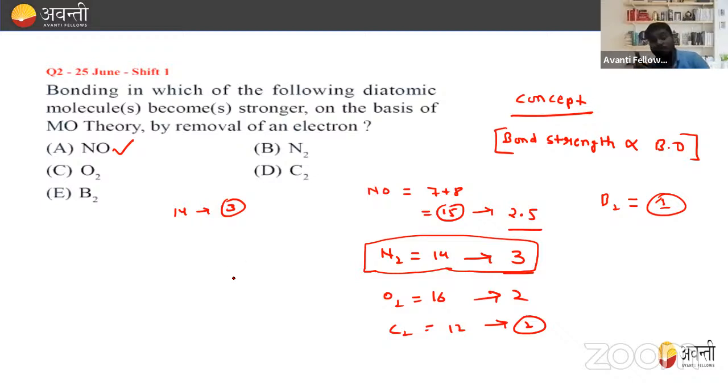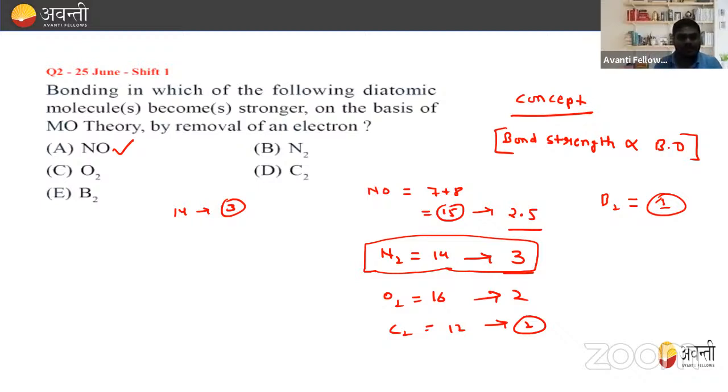As the number of electrons in the bonding orbital increases, stability increases, and if the number in the anti-bonding orbital increases, stability decreases. So removal from the anti-bonding orbital increases bond order.